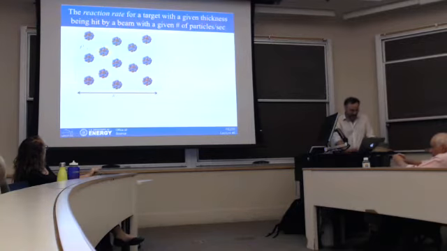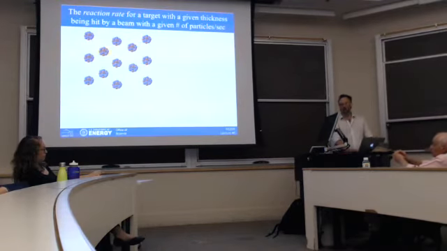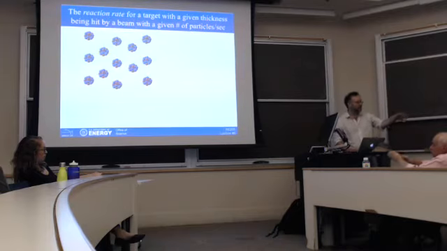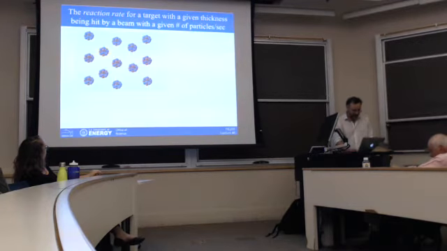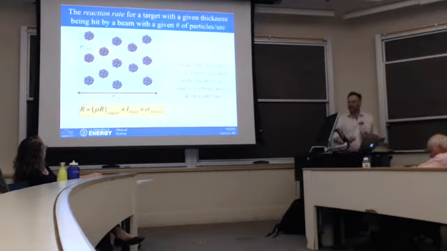And I have some current of particles that I'm throwing at this. In other words, a number of particles per second. I'm pitching a certain number of balls at this target.